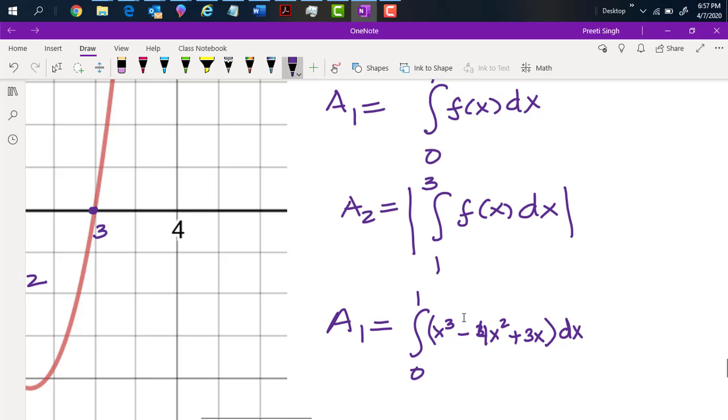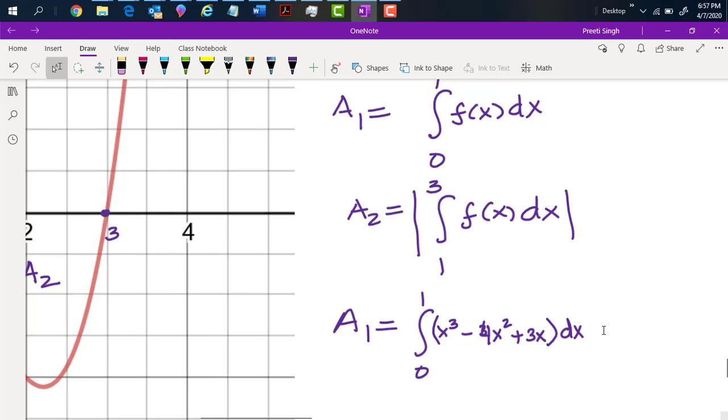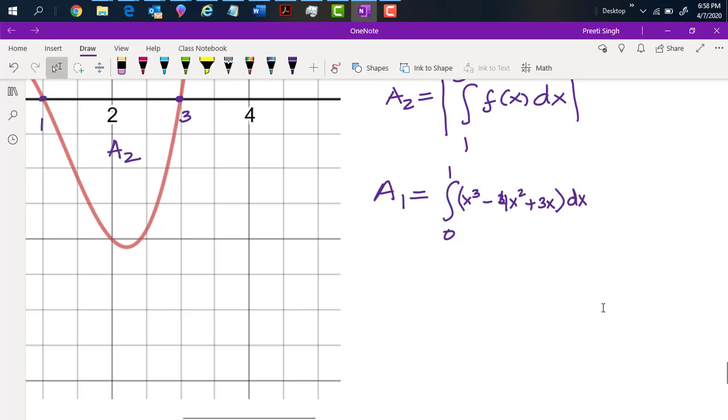Now to evaluate this, I will be calculating the antiderivatives right here. The antiderivative of x cubed is x to the 4 by 4. The antiderivative of 4x squared, 4 is a constant, so it's 4x cubed by 3, and again plus 3x squared by 2. I'm using the power rule, adding 1 to the power and dividing by the same number. And this goes from 0 to 1.